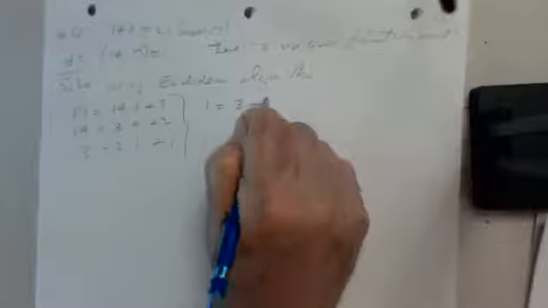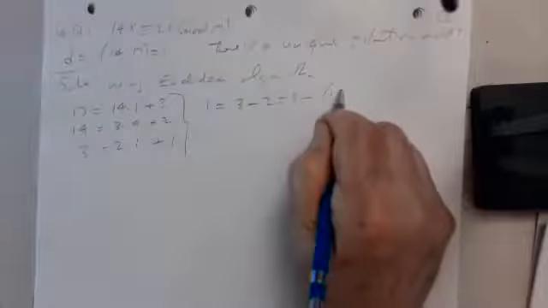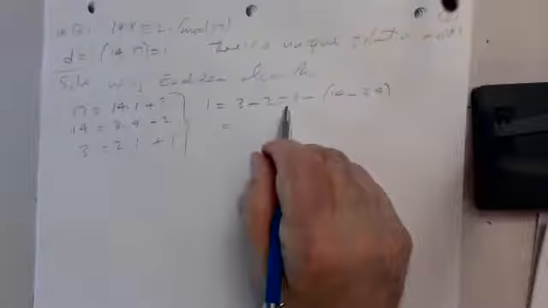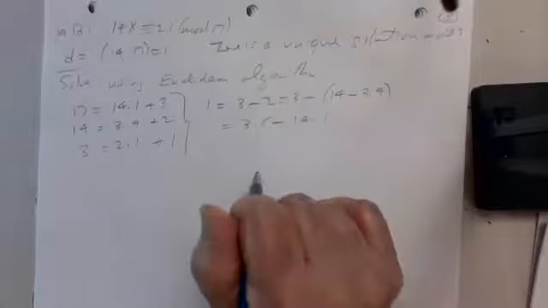we can write 1 is 3 minus 2, but 2 is 14 minus 3 times 4. So this is 3 times 5 minus 14 times 1.